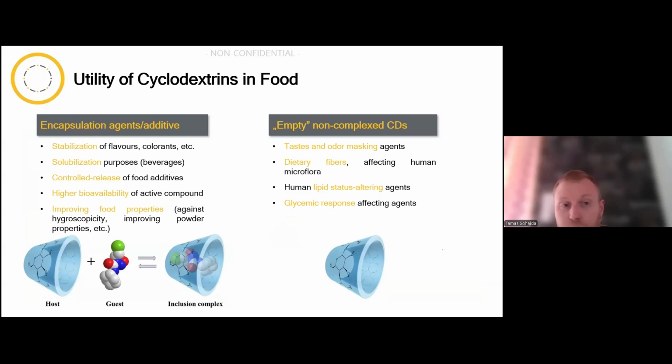A last slide about food applications. Technically, here we can distinguish, and there is also clinical data for certain applications. We can distinguish using loaded cyclodextrins, where we deliver a complex with the obvious advantages that we have talked about so far, or if we administer an empty cyclodextrin, which is more like used as a dietary fiber.